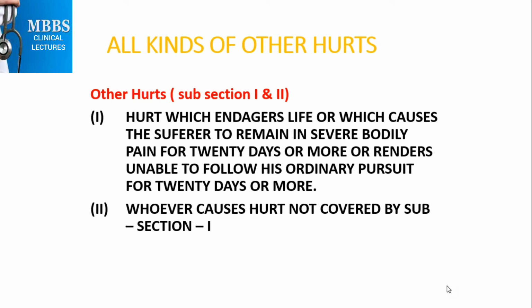Coming to other hurts subsection 1, a hurt which endangers life or which causes the sufferer to remain in severe bodily pain for 20 days or more, or renders him unable to follow his ordinary pursuits of life for 20 days or more. So any injury which is life threatening, number 1. Number 2, which causes the sufferer to remain in severe bodily pain for 20 days or more, or renders him unable to follow his ordinary pursuits of life for 20 days or more, or simply we can say who remains hospitalized for a period of 20 days or more, it comes under other hurts.